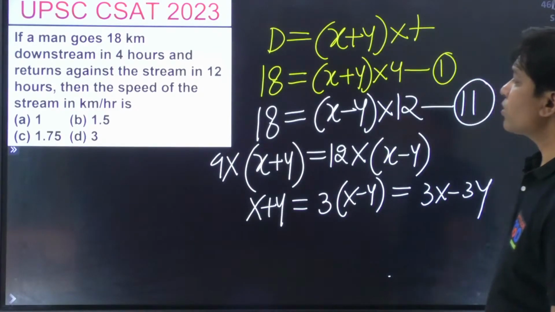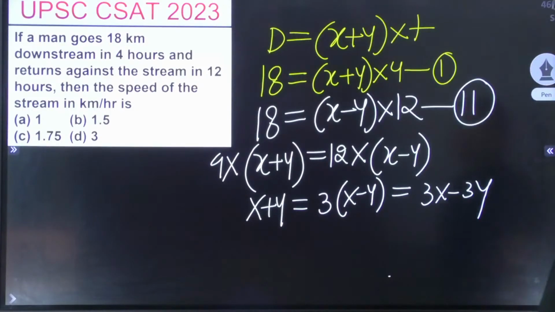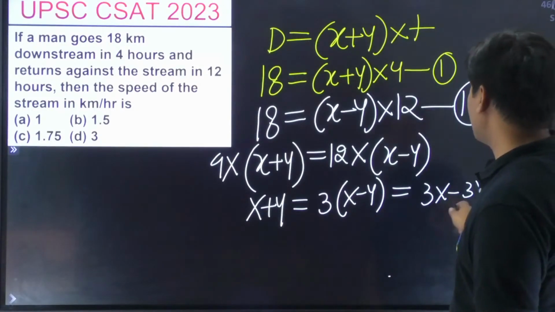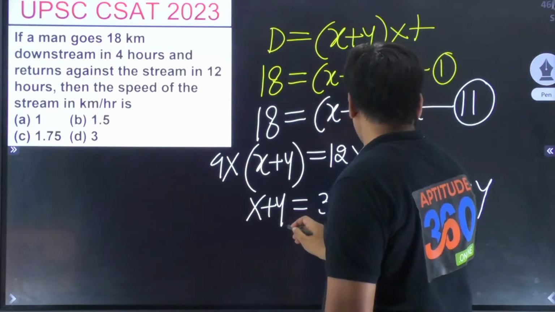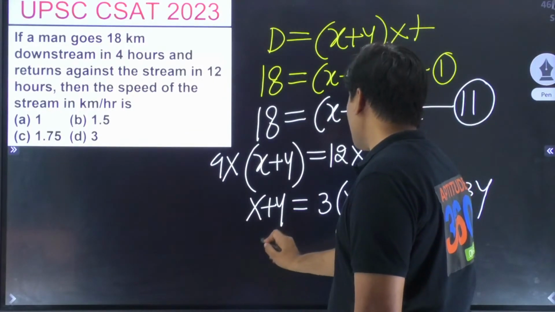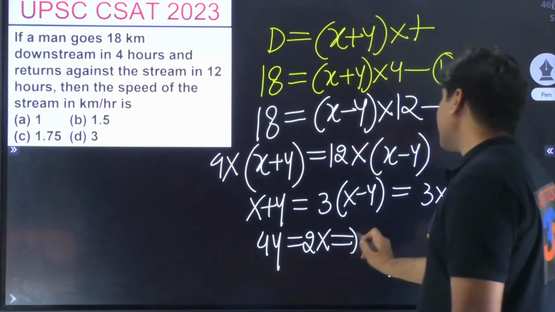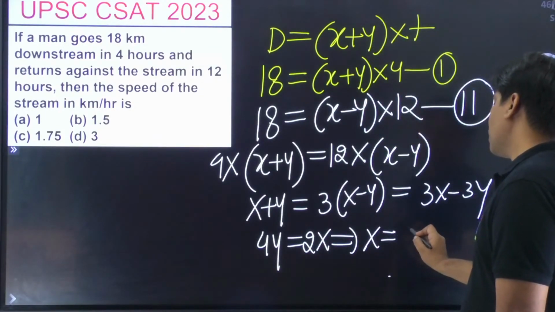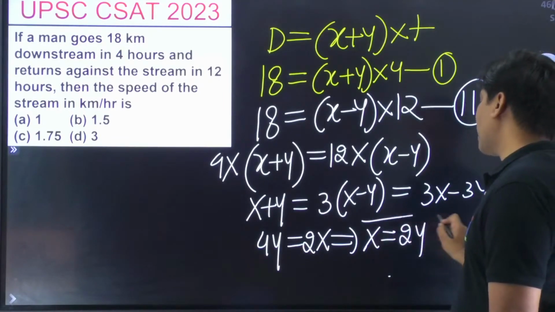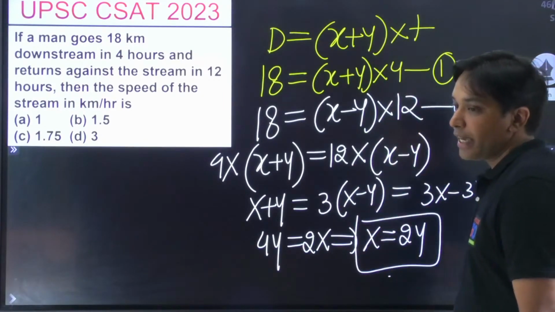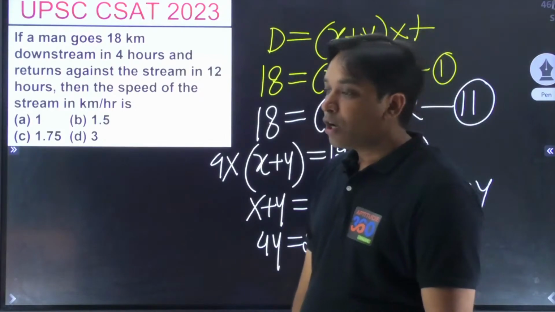Then the speed of the stream, they're asking you this. What do you do then? You just simplify this. 4y is equal to 2x, or you might say that x is equal to 2y. That is one thing. Isn't it? Rohan's answer has come.